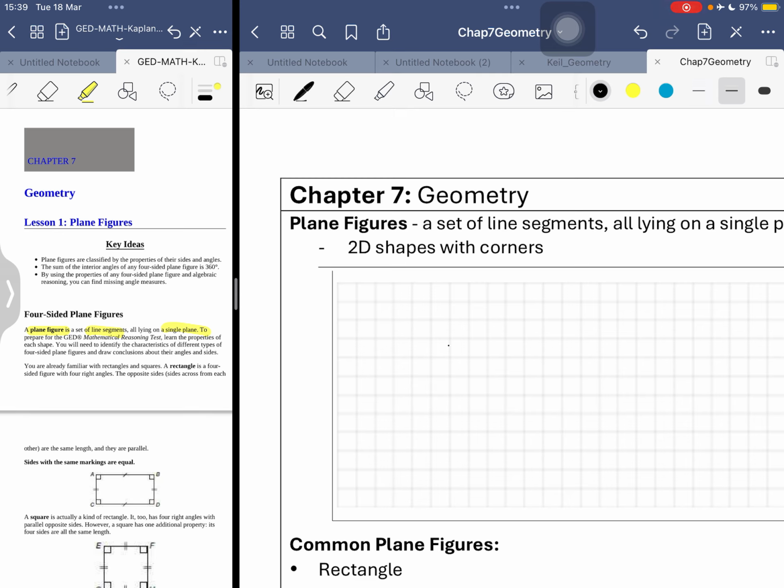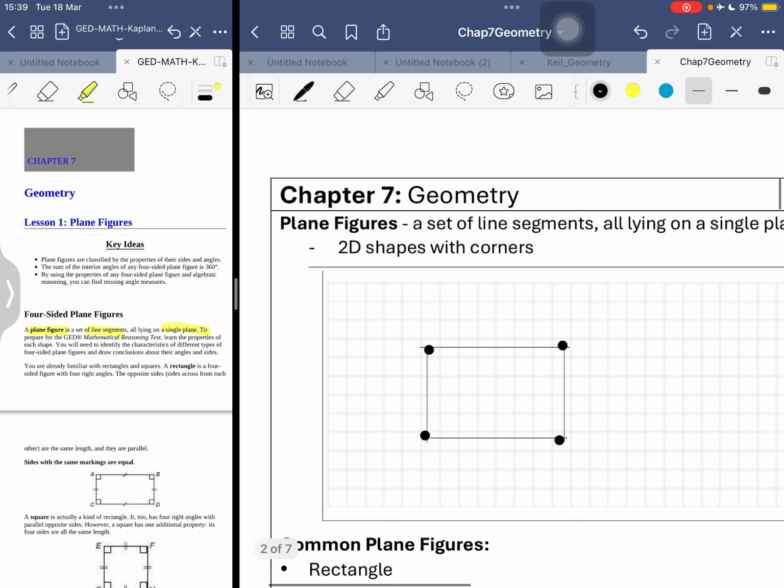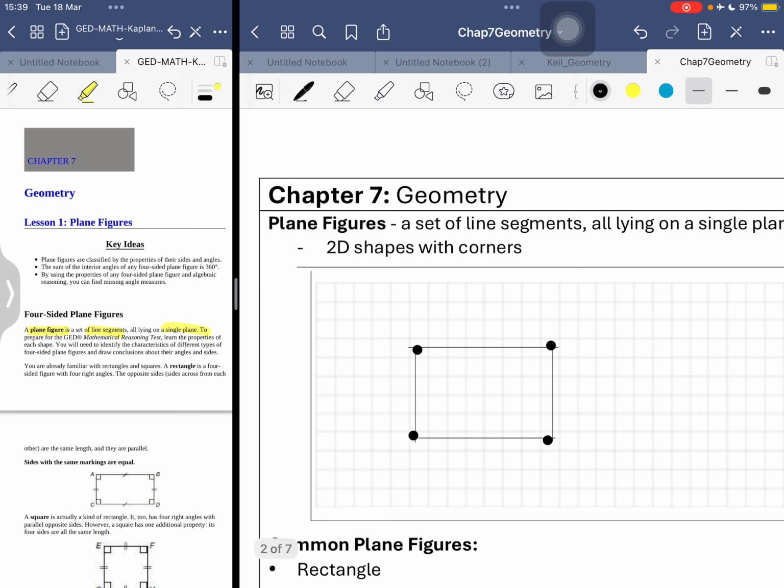For example, if there's a point A and point B and another line segment here and another line segment here, if they're connected together, they can form a plane figure. Another definition is 2D shapes with corners.